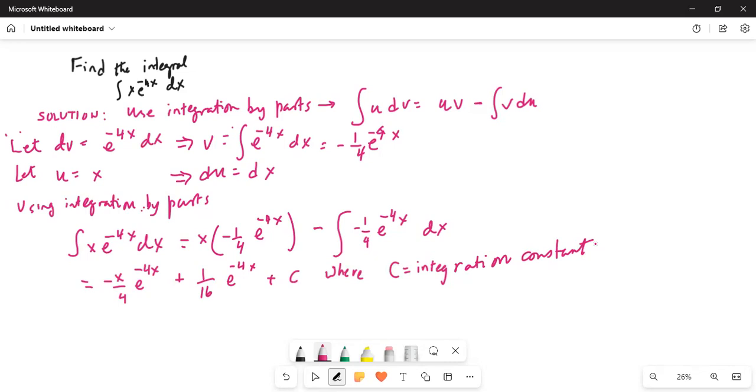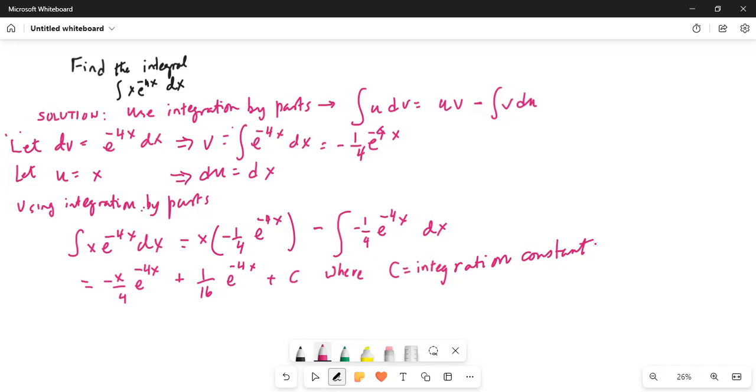My u is x, my v is minus 1/4 e to the power of minus 4x, minus integration of v, which is minus 1/4 e to the power of minus 4x, and du is dx. So when I distribute the x inside the first parenthesis, I get minus x over 4 e to the power of minus 4x, and then I'll do the integration of minus 1/4 e to the power of minus 4x.